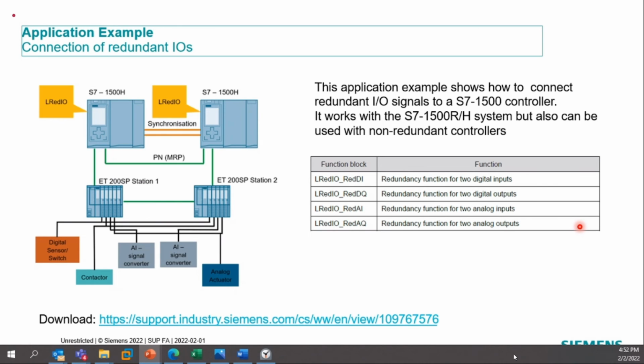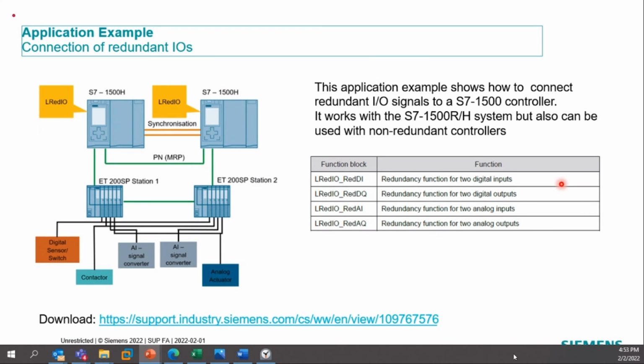It is not necessary to have it in two IMs; it can be in a single module, side-by-side modules, or two different racks, because you configure it in TIA with the L_Redundant IO block. The only thing to keep in mind is that the modules you use must support the module status value, because that is required when using the redundant blocks.